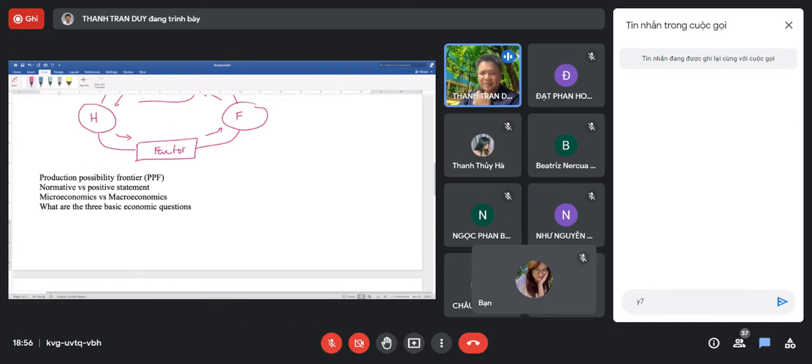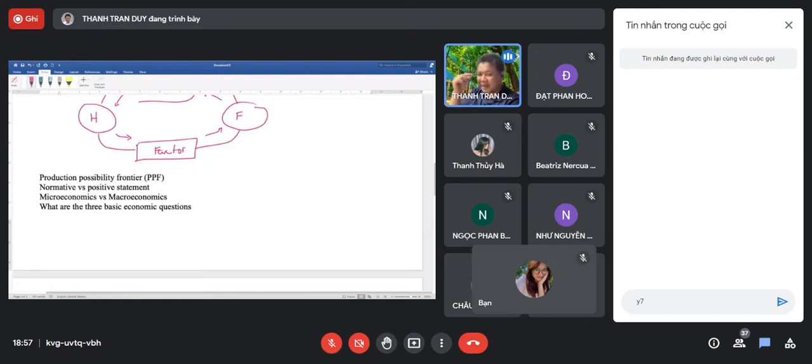Is it the combinations of output that the economy can possibly produce? You are right. You are correct.